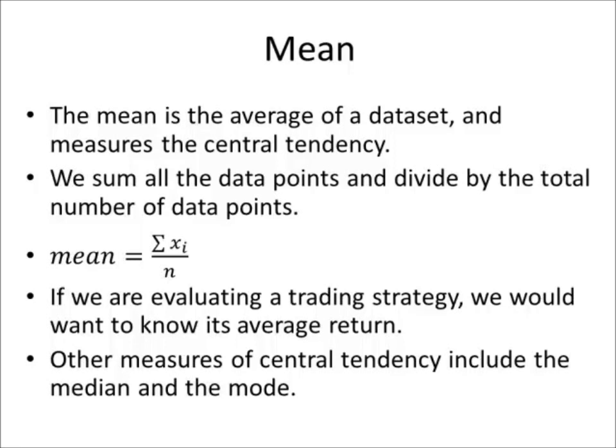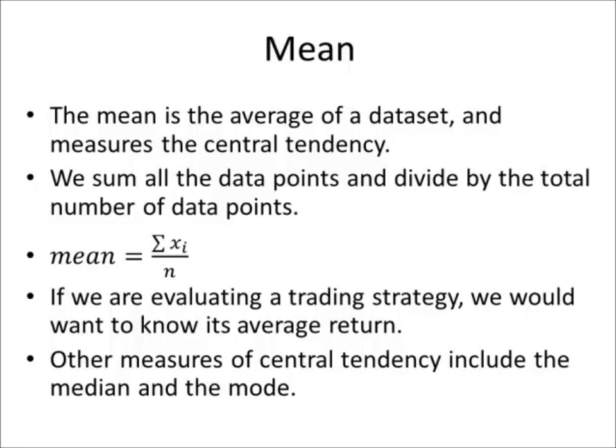Now there are other measures of central tendency, that is measuring the center of a distribution, and these include the median and the mode. I'll just explain what they are. The median essentially represents the 50th percentile of the distribution. What that means is that it represents the middle data point. Right? So if I have 100 data points, the median would be data point number 50, or 51, depending on which way you're counting.